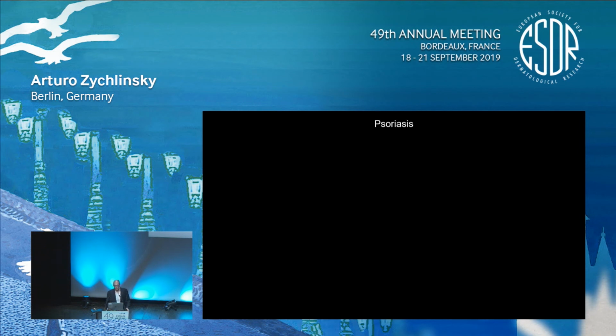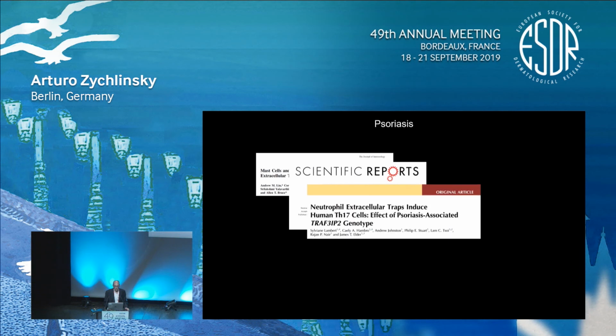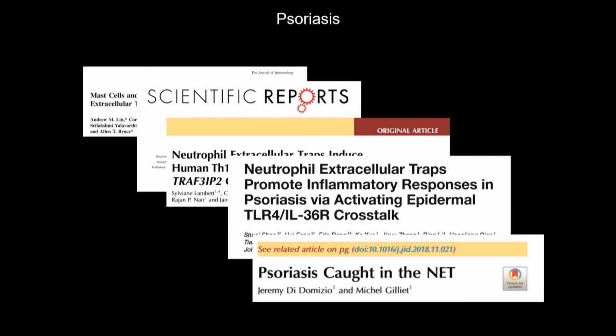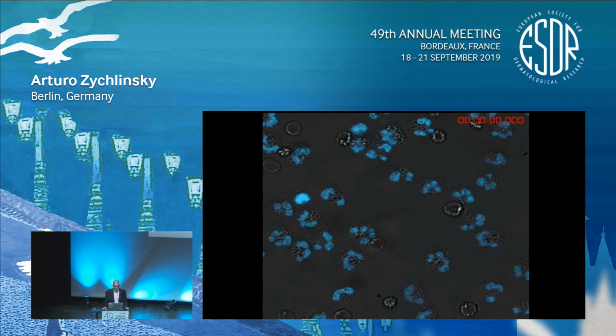Psoriasis was one of the first, actually it was Michel Gilliet, if I remember correctly, who first proposed the role of nets in psoriasis, and there are now a number of papers in many different journals linking neutrophil extracellular traps to promoting autoinflammation in psoriasis, and there is an interesting new review on the role of nets in psoriasis. So with that, I'd like to finish.